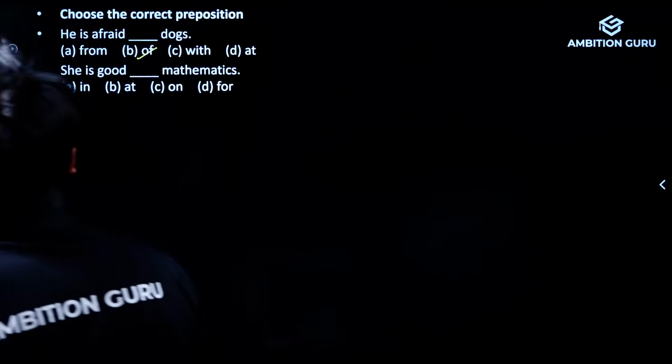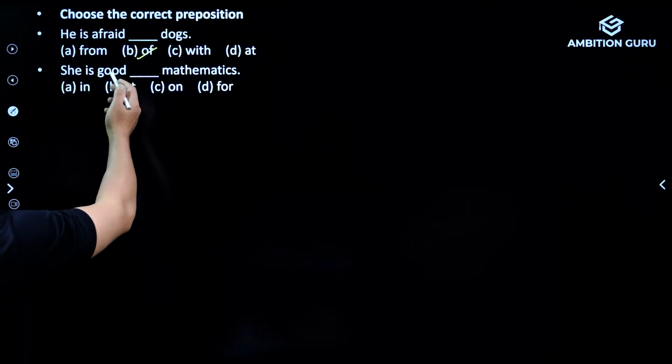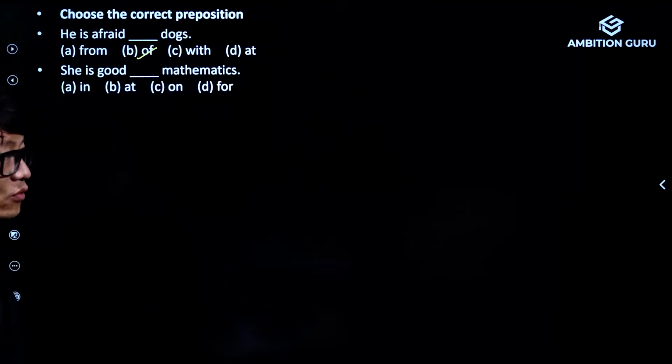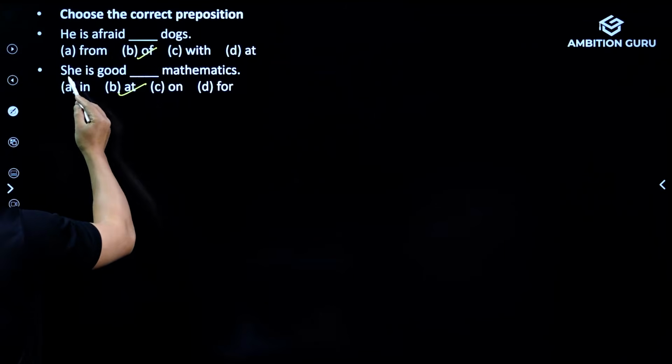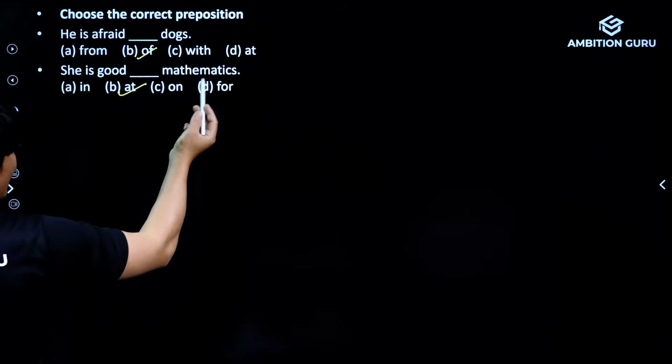She is good or she is bad. So what happens when there is good and bad? After that, which preposition should be there? Absolutely, here should be at. She is good at mathematics or she is bad at mathematics.